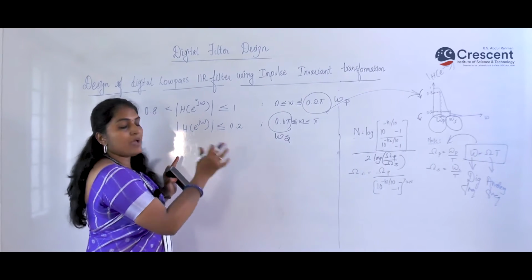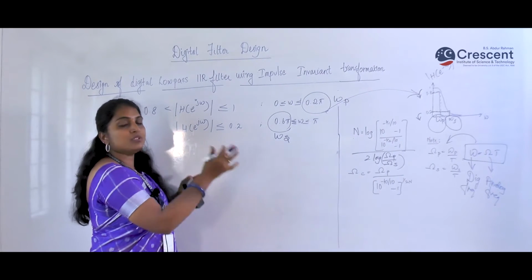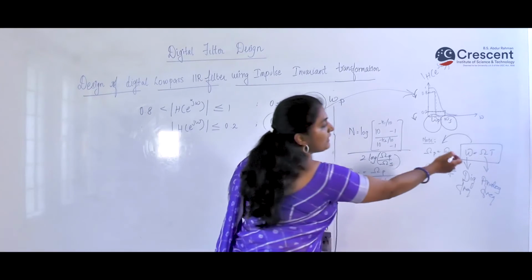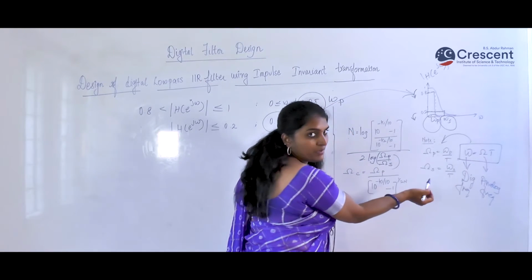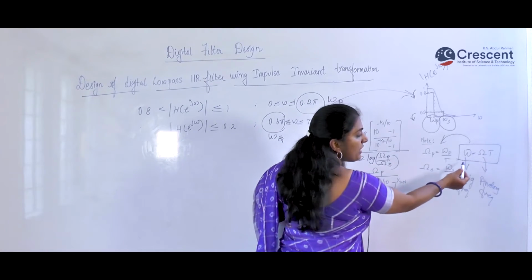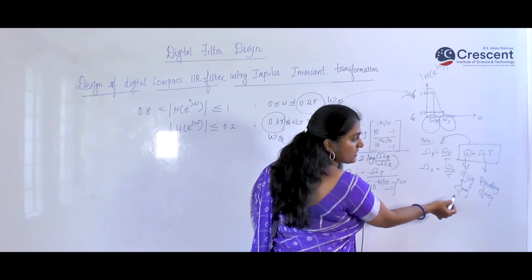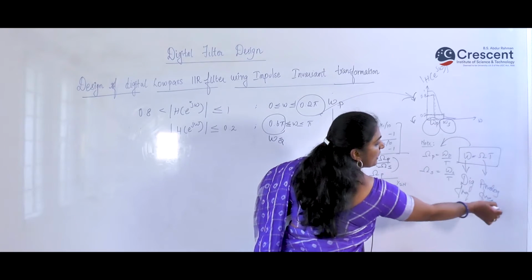So we need to map the analog frequency with the digital frequency using the relation omega is equivalent to omega into T, where this omega is the digital frequency and this omega is the analog frequency.